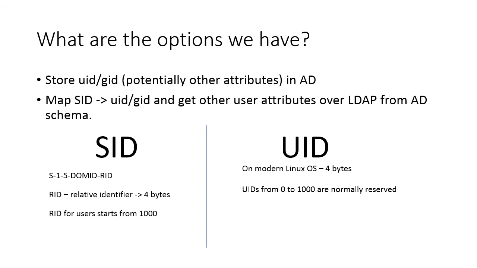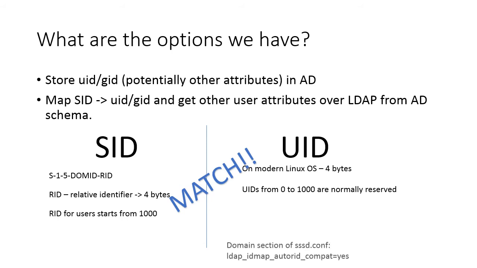Relative identifiers for normal users also start from 1000, so it looks like we have a perfect match, and we can simply use the relative identifier as the user identifier, which is the concept that was used by the old Winbind service. You can enable such behavior with SSSD using the parameter ldap_idmap_autorid_compat, which just provides compatibility with the Winbind daemon I mentioned.